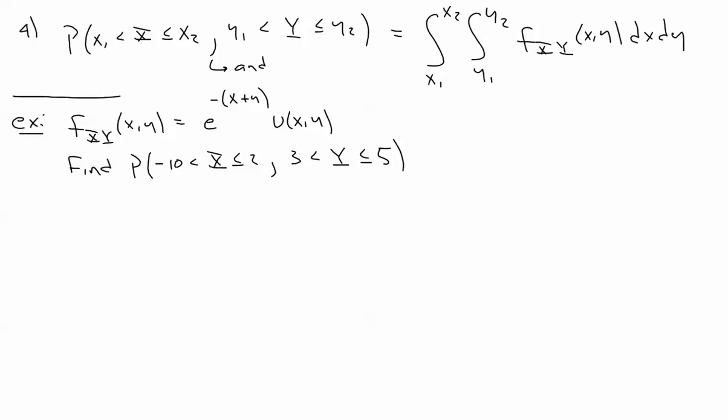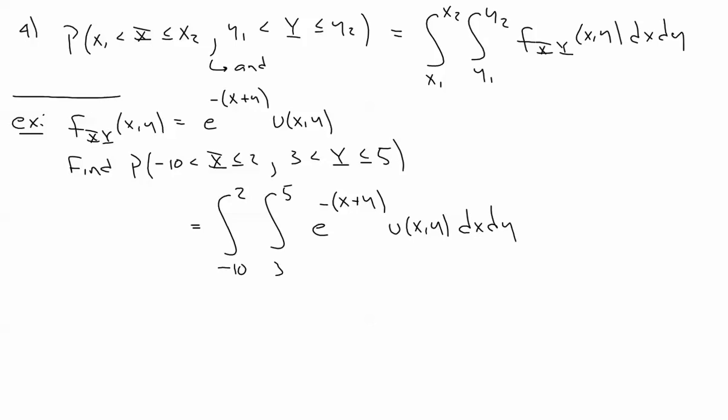All right. Well, very simply, I calculate this integral. Integral from minus 10 to 2, integral from 3 to 5, e to the minus x plus y, u of x y, dx dy.